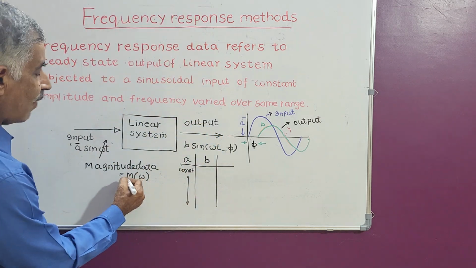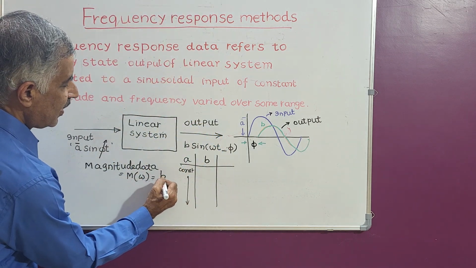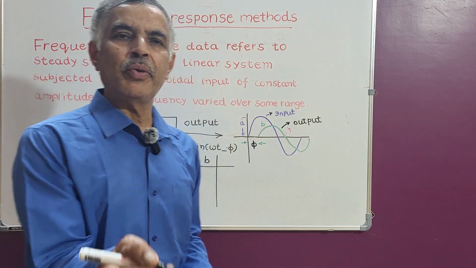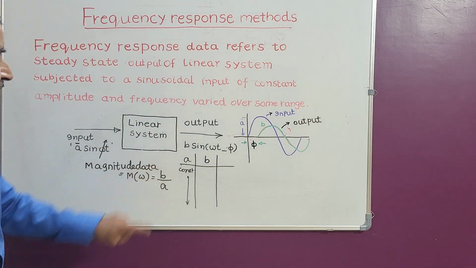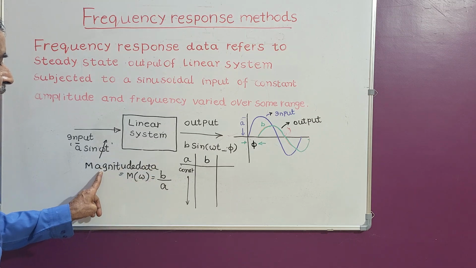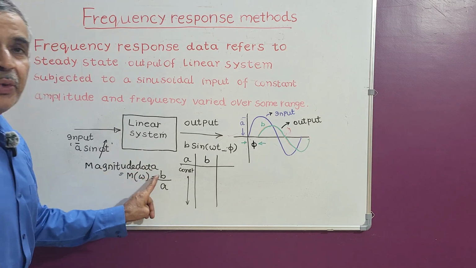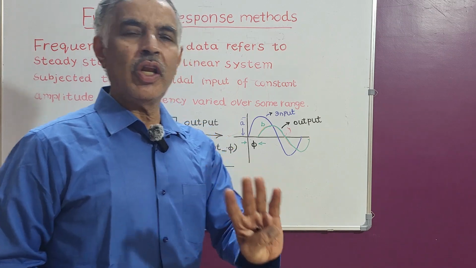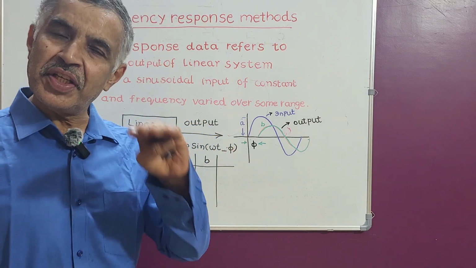What is M omega? M omega is B by A, the ratio of output amplitude to input amplitude, B by A. So this is what is called as magnitude data.